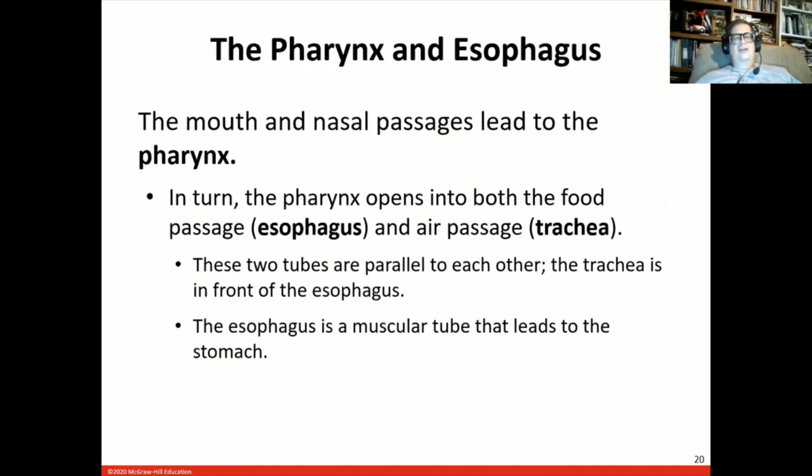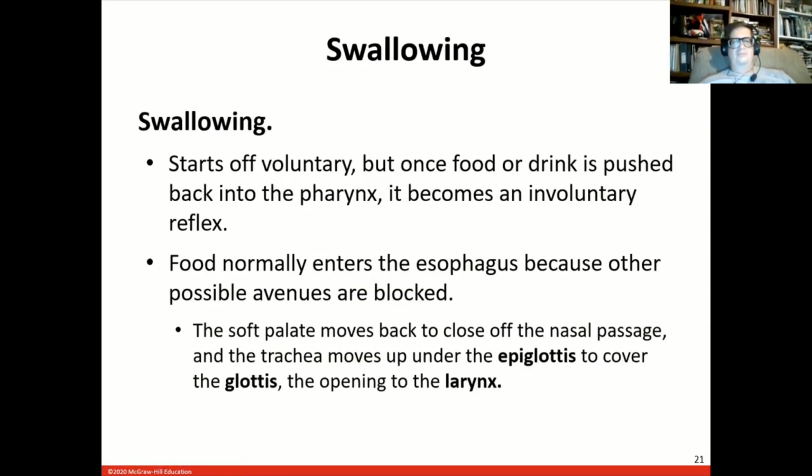The mouth and the nasal passages both lead to the pharynx. The pharynx opens into the esophagus for food and the trachea for air. The two tubes are parallel to each other. Like I said, the trachea closer to the front and the esophagus behind that, okay? So the trachea in front of the esophagus is a muscular tube that goes all the way down to the stomach.